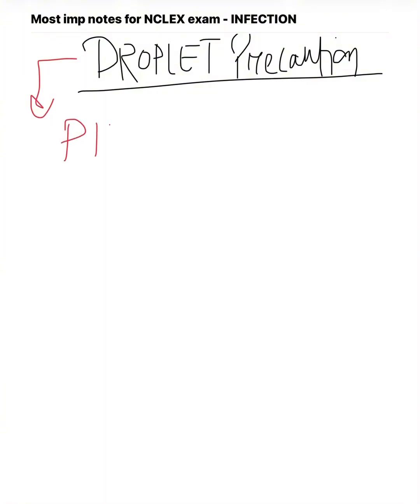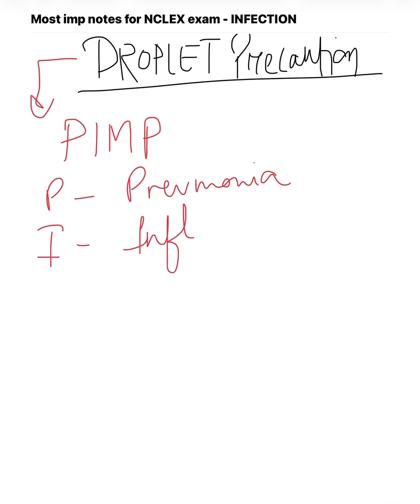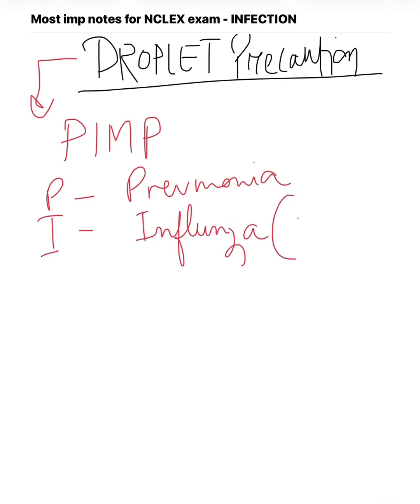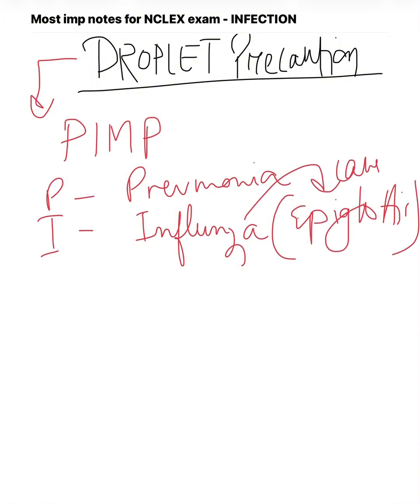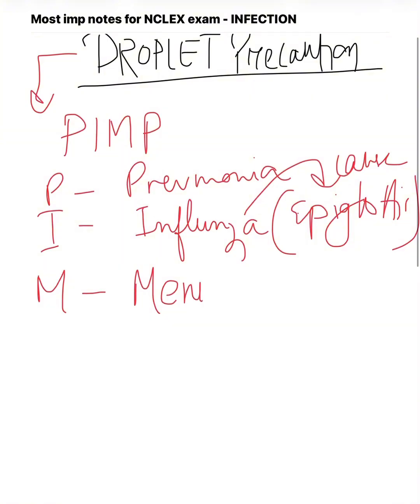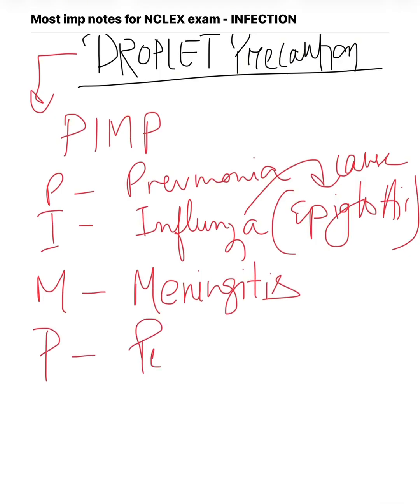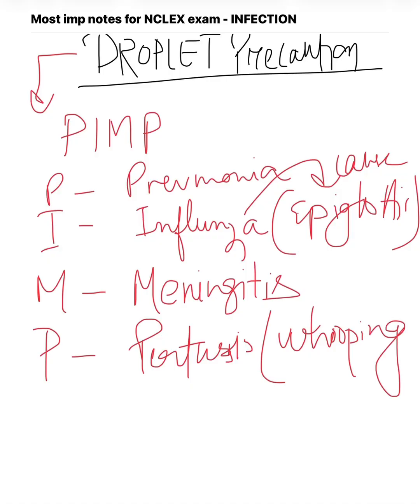P stands for pneumonia, I for influenza that causes epiglottitis, M for meningitis, and P for pertussis, also called whooping cough.